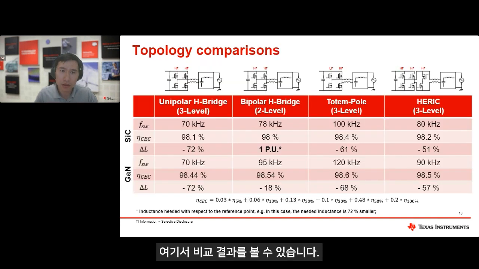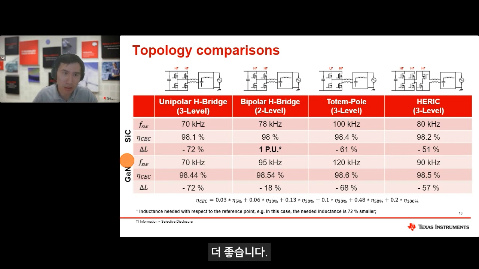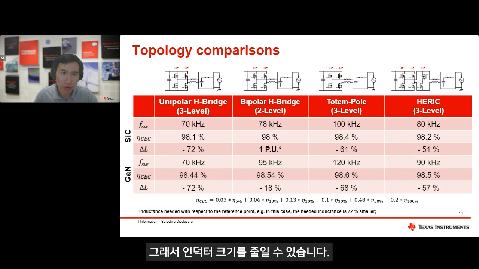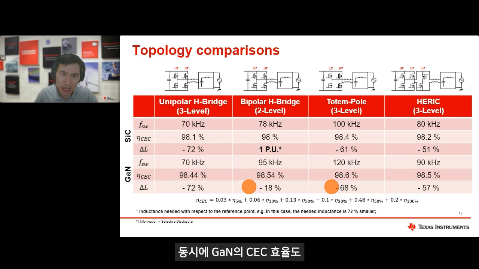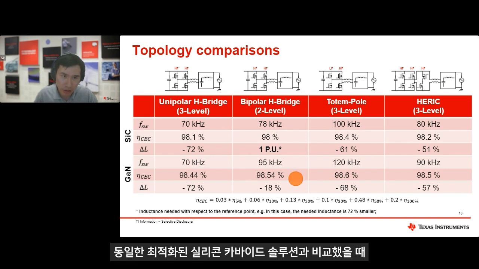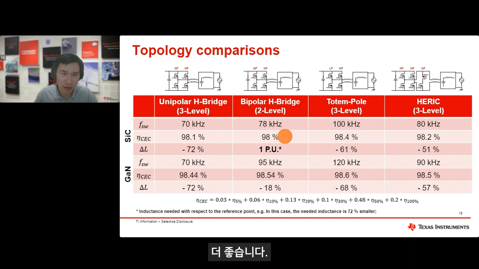Here comes the comparison result. Among all these, compared with the silicon carbide solution, the GaN solution can have a better optimized switching frequency so that your inductor size can be reduced. At the same time, GaN will offer a better CEC efficiency compared with the same optimized silicon carbide solution.